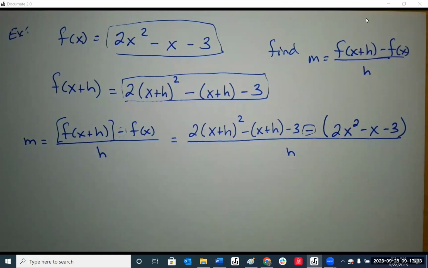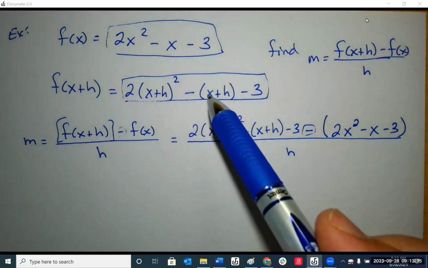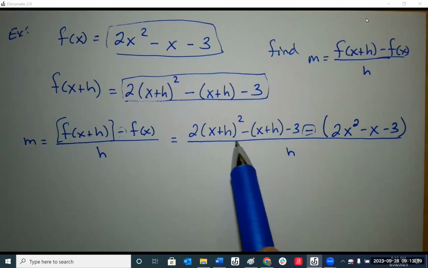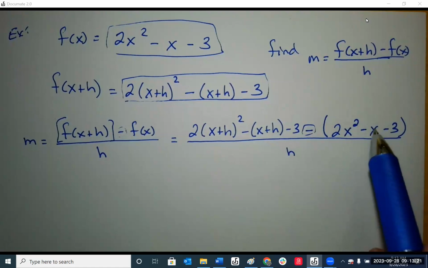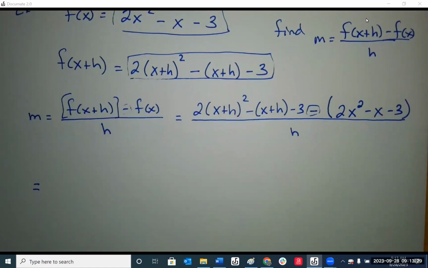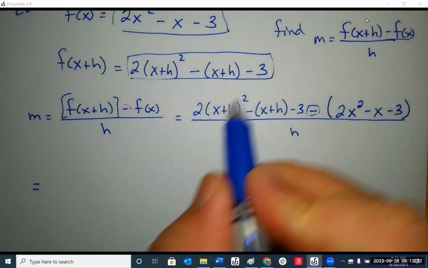That makes the second hard part. The first part is to make sure you put the x + h in the right place in parentheses. The second hard part is to make sure you put it in the right order in the right format.